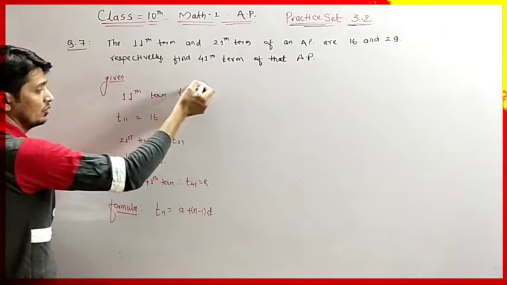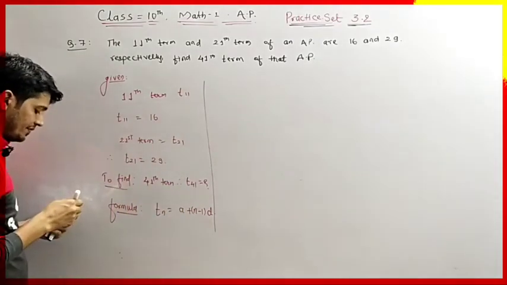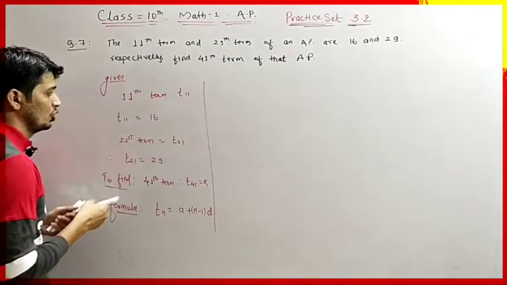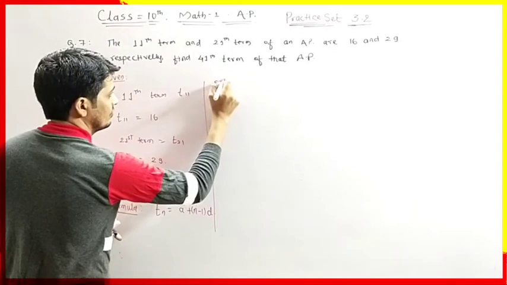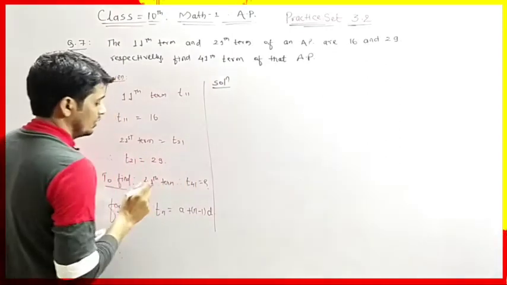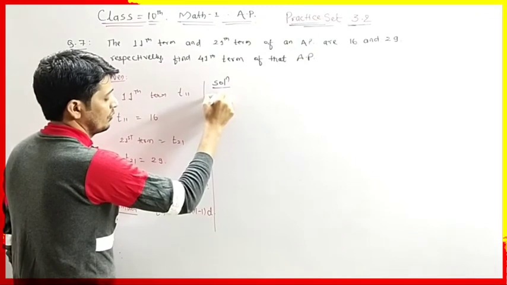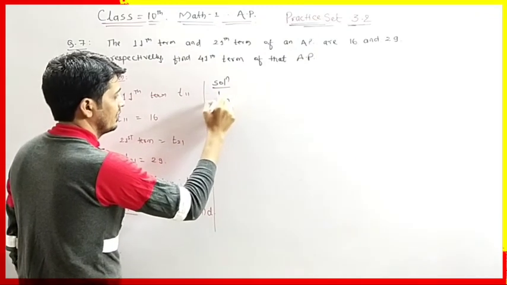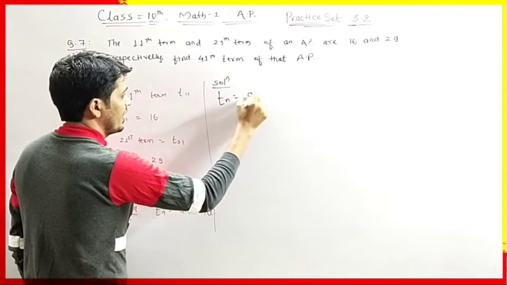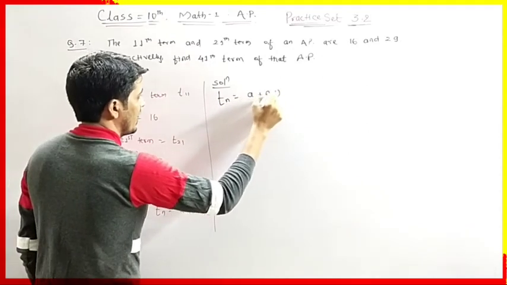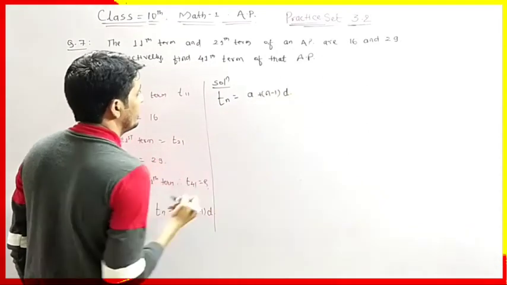Now we are going to solve. Solution: we have to write the formula first. The formula is Tn equals a plus n minus 1 into d.